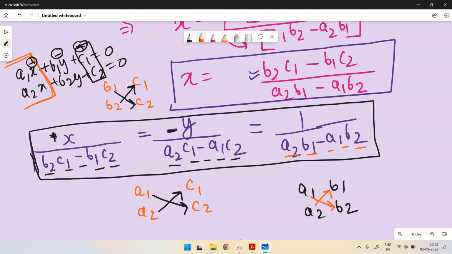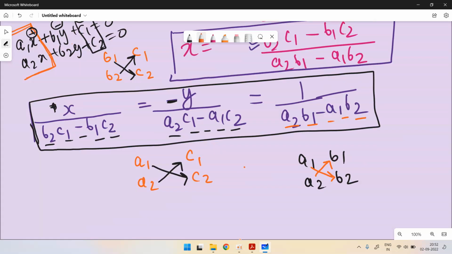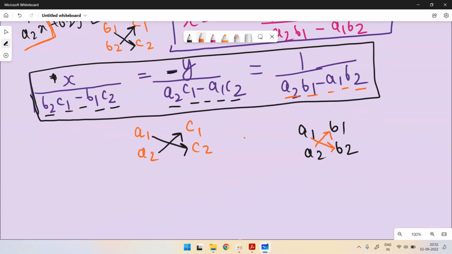So this is complete. Now if you solve this equation, first x and the constant can be solved. If you write x by this equal to 1 by a2 b1 minus a1 b2, it can be written as numerator b2 c1 minus b1 c2 by a2 b1 minus a1 b2.